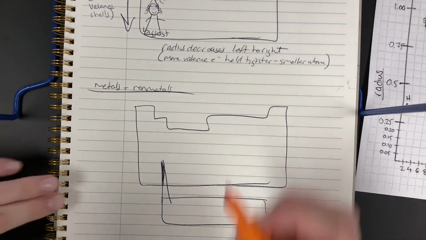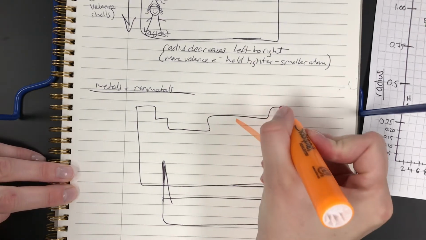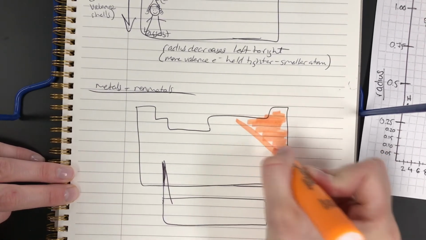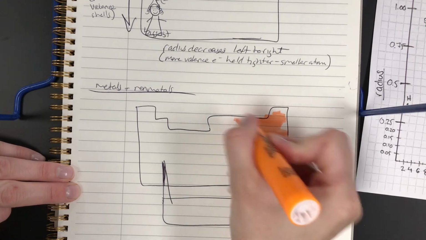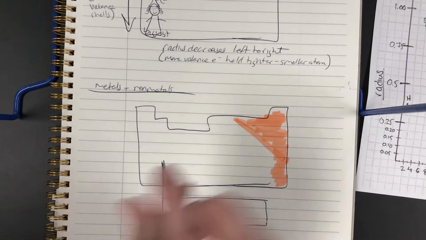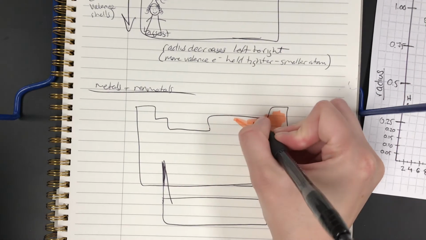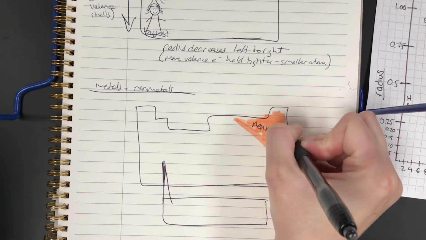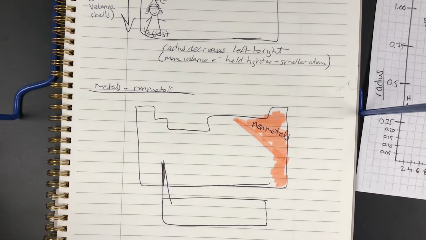So non-metals are going to be along the right side and especially the far right, like that. So those are the non-metals.